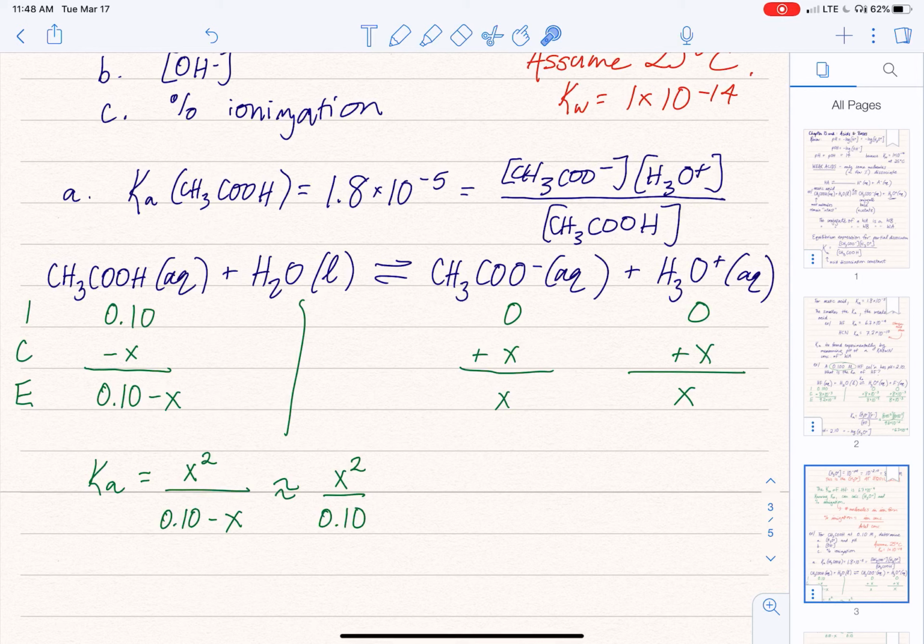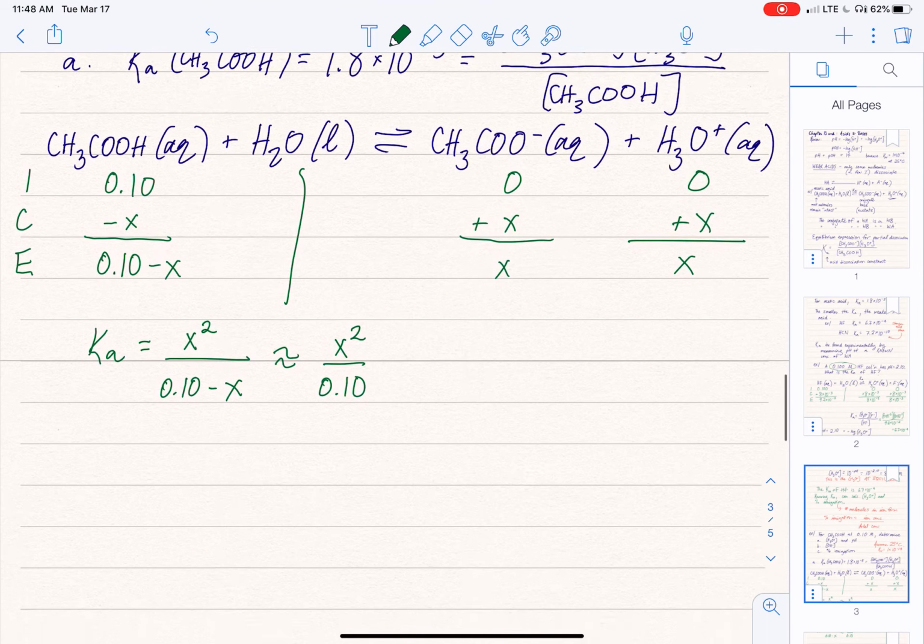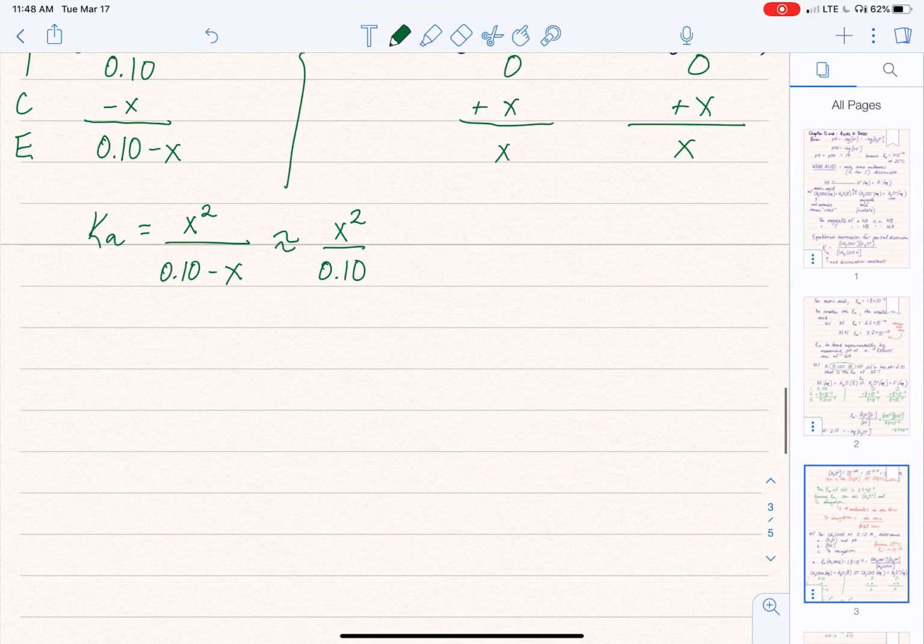So you could make a strong argument that the dissociation is actually going to be negligible, so that you could take this minus x part of the denominator and just leave it out, so you can simplify this and say that x squared over 0.1 minus x is approximately equal to x squared over 0.1. That's awesome because now I do not have to go through a quadratic to solve for x.